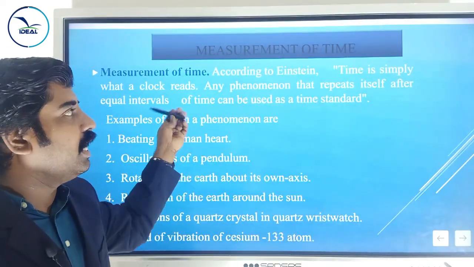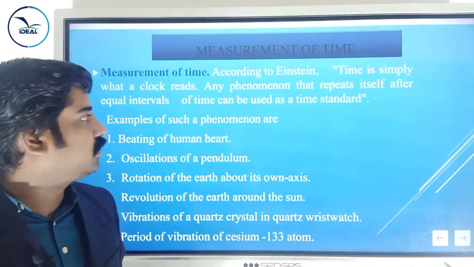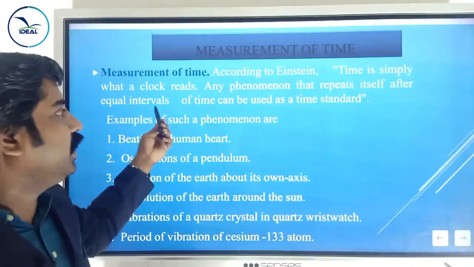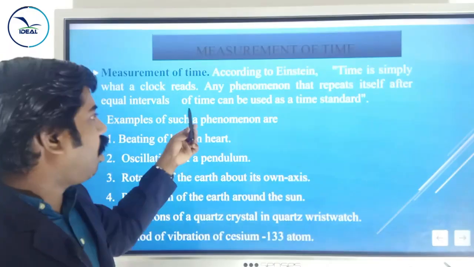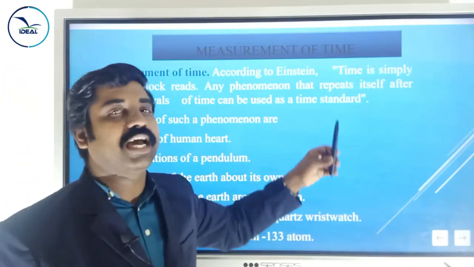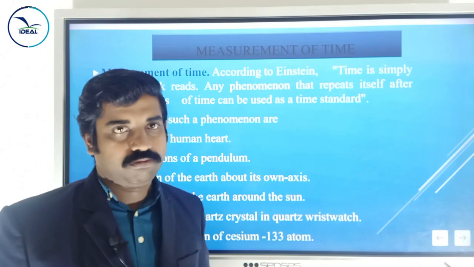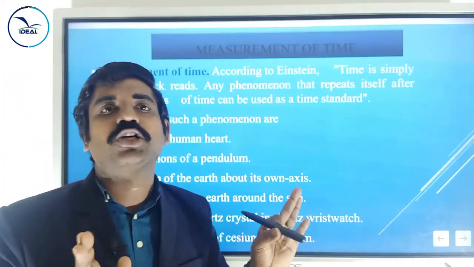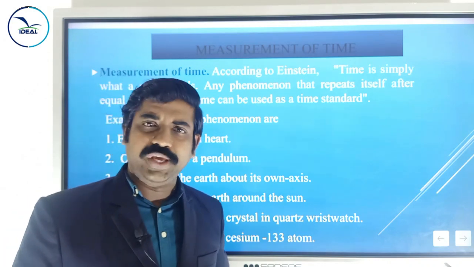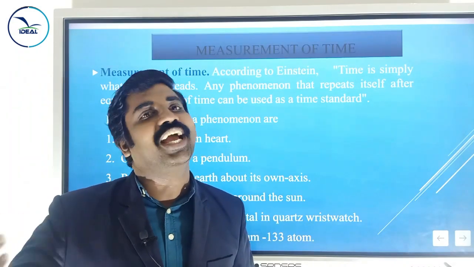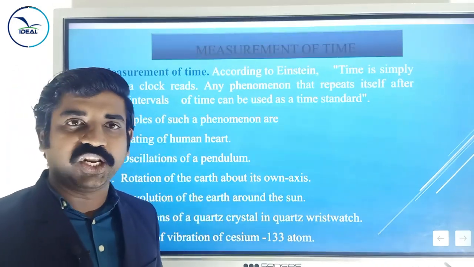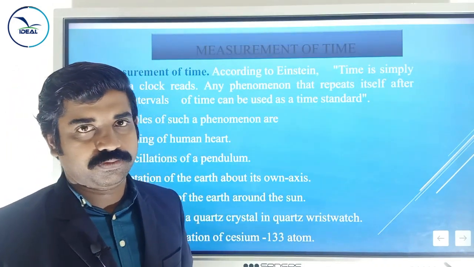Any phenomenon that repeats itself after equal intervals of time can be used as a time standard. Means time is not simply what the clock shows. We can standardize time with anything that periodically happens.